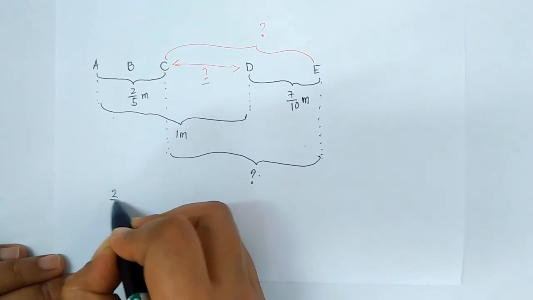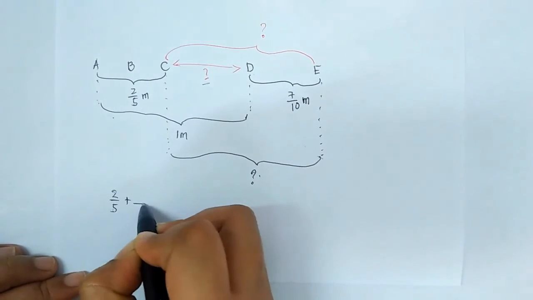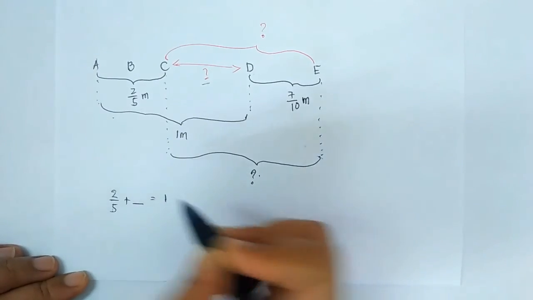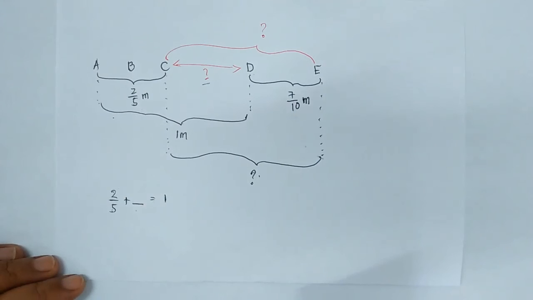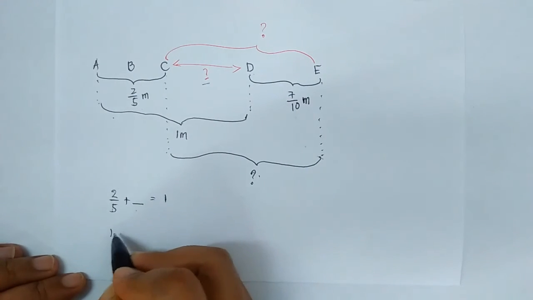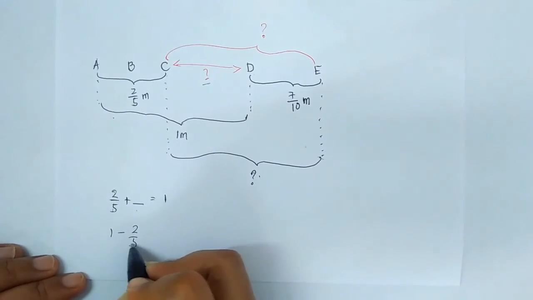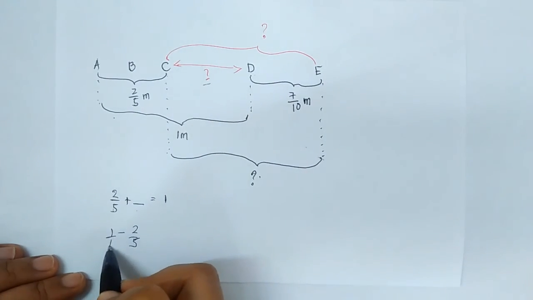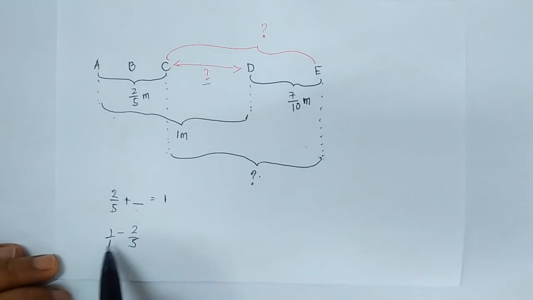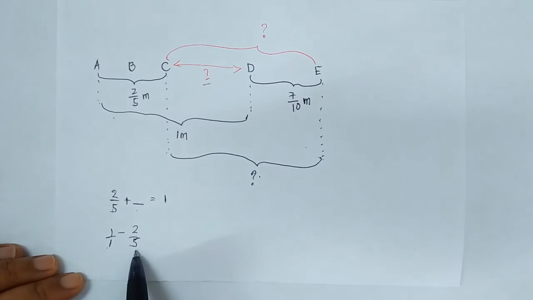So 2/5 plus blank is equal to 1. How are we going to find this unknown fraction? Very good. We're going to subtract 1 minus 2/5. If we have a whole number, just make the denominator 1. So 1/1 minus 2/5.